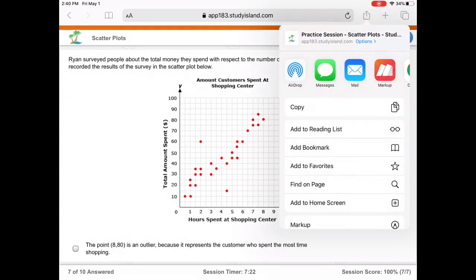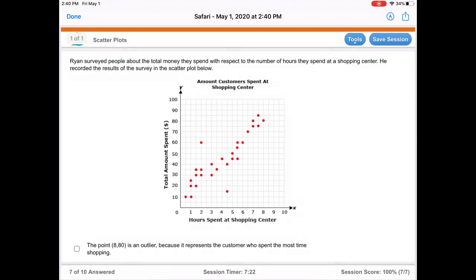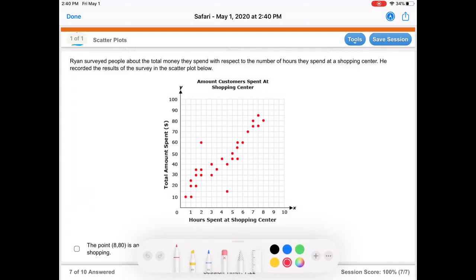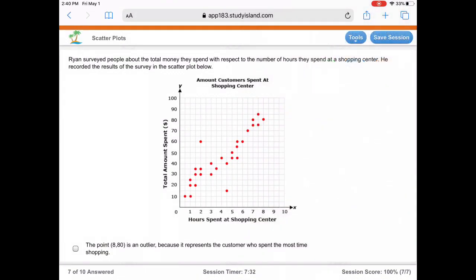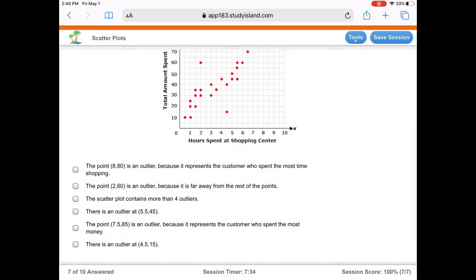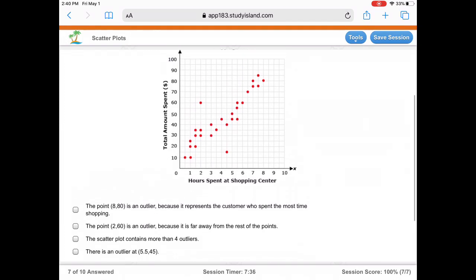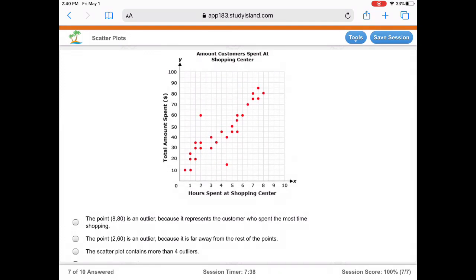All right, so we're not just going to select one and just go with that. So we've got the first option. The point 880 is an outlier. So if I look at 880, I go over to 8 and up to 80.